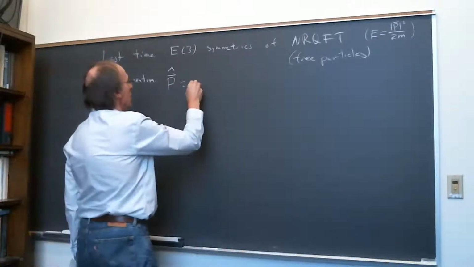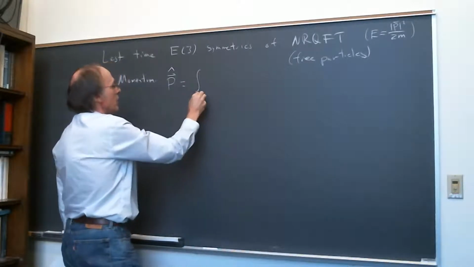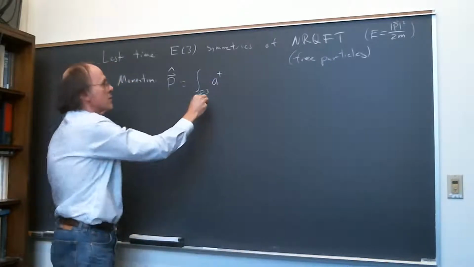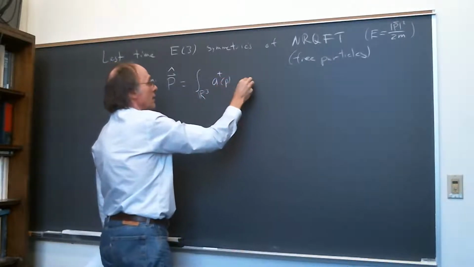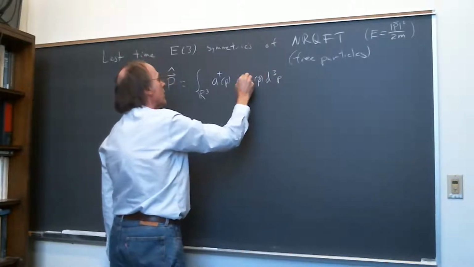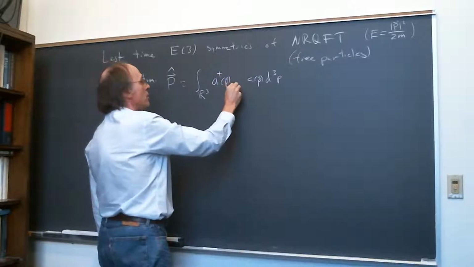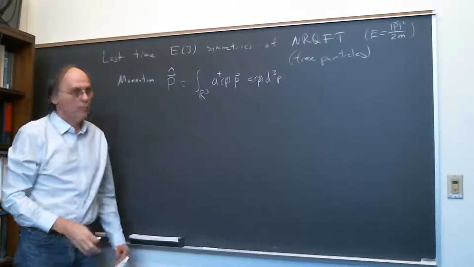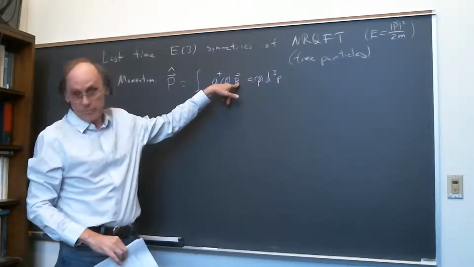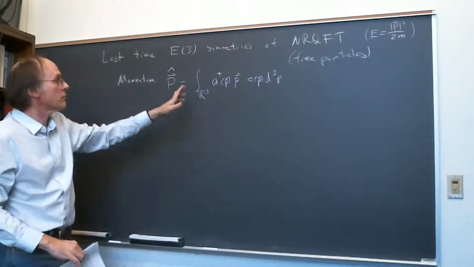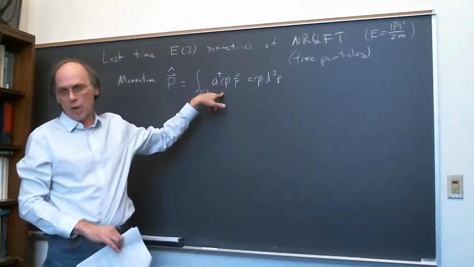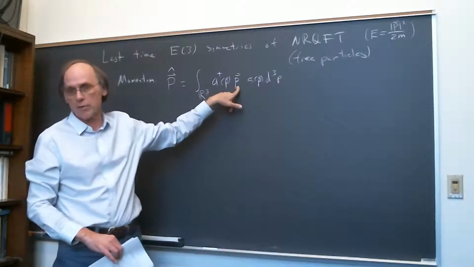as an integral over R3. One way to think of it is in terms of the annihilation and creation operators, where you weight them by the momentum. So you're summing over all possible momenta, just the number operator at that momentum times the value of the momentum.